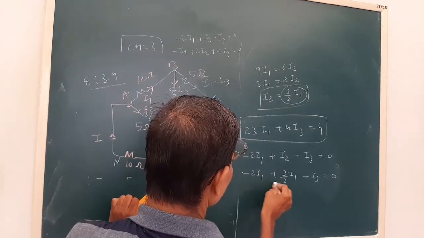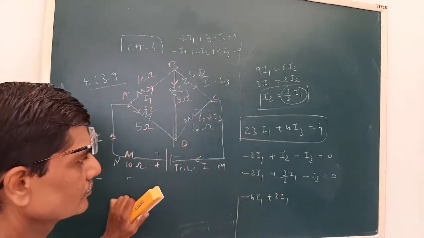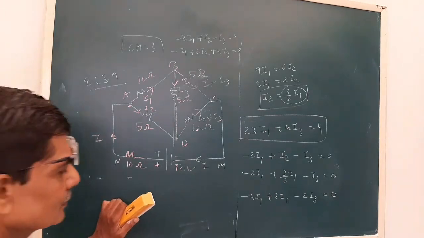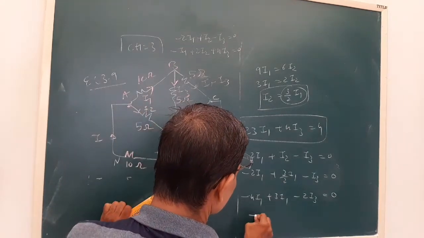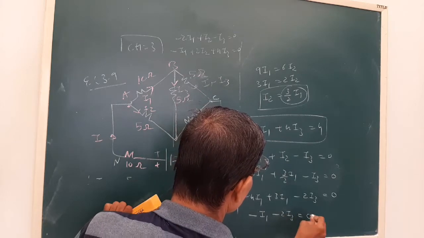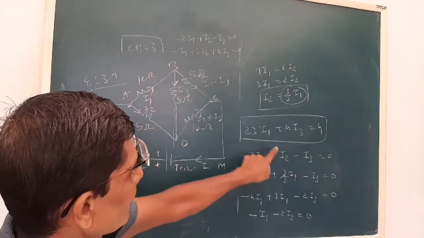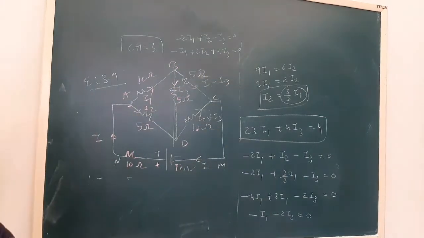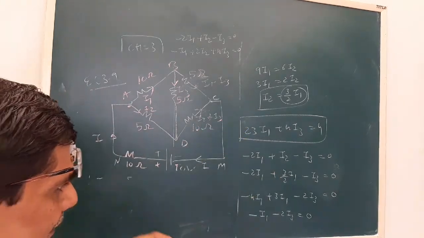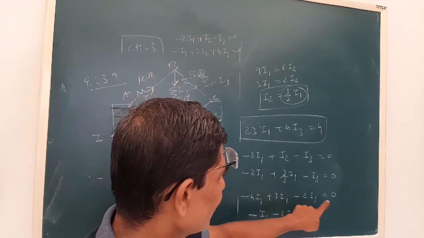Minus 4I1 plus 3I1 minus 2I3 is 0. Now this is minus I1 minus 2I3 is 0. See what we have used: minus 2I1 plus I2 minus I3 is 0. In that we have substituted I2 is 3 by 2 I1. Now we simplify: 2 twos are 4, minus 4I1 plus 3I1 minus 2I3 is 0.